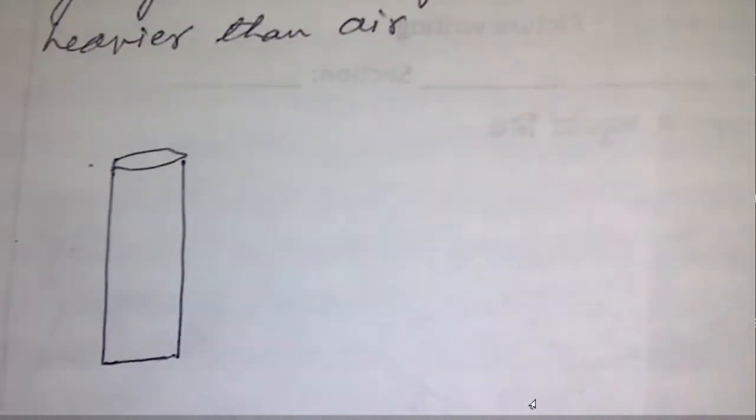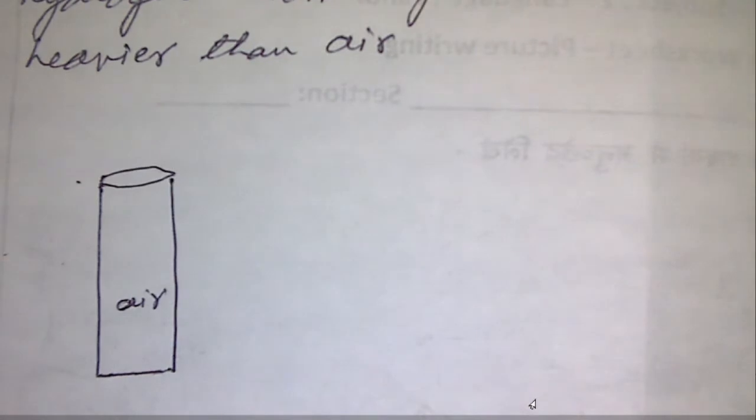Look here. If I take this container, I'm not doing anything, means it is filled with air, isn't it? I've just taken a container and that container is filled with air. I'll take another container here, and now that container will be filled with HCl.